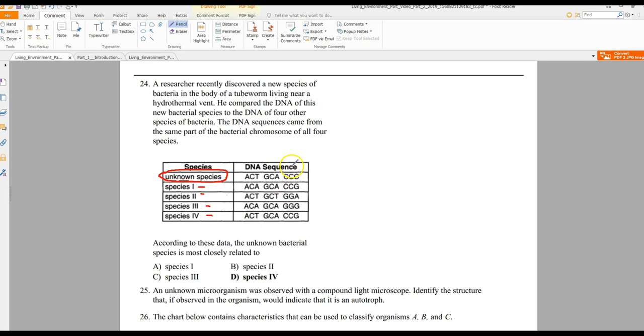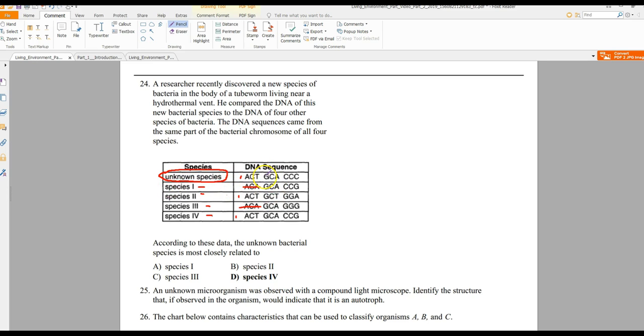One at a time. You're looking at the DNA sequencing. Unknown species has ACT. This one's no good. Yep. This one's no good. Yep. So these check out as similar. Okay, let's keep going.